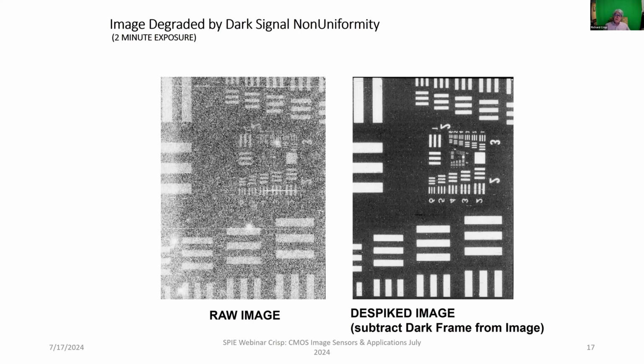So that's an example of how despiking can do a tremendously good job of improving your signal to noise ratio. This is very commonly done in scientific imaging, in particular astronomical imaging. They take long exposures. Sometimes some of the biofluorescence type applications will take multi-hour exposures as well. And so this is very commonly done for those.